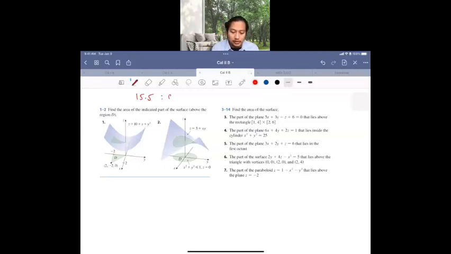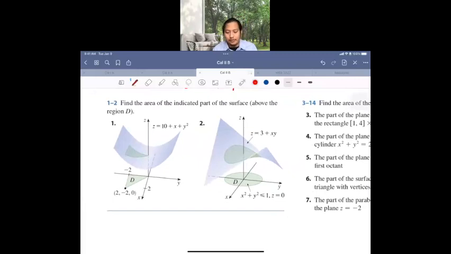This is surface area, which means we are going to evaluate, for example, in number one or number two, which have pictures, so it's easy to explain. We are going to evaluate the surface area here, this red color, which means we are going to have the same region as we did in the double integral. So we did this D, this region that is projected from the surface going down.